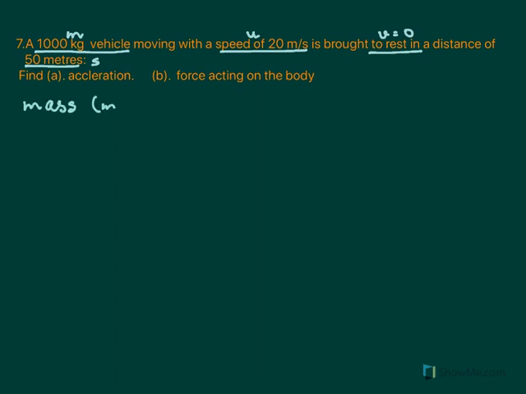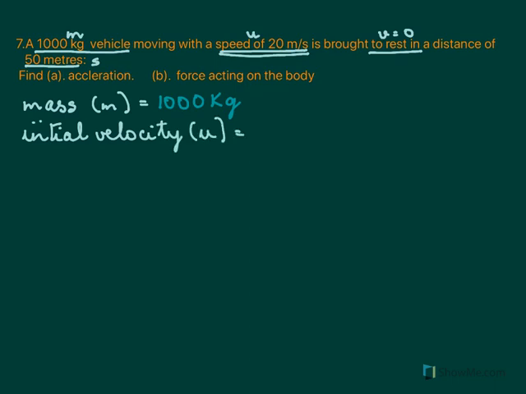So mass, which is M, equal to 1000 kg. Then we have initial velocity, moving with a velocity of 20 meter per second. So our initial velocity, which we denote as U, is 20 meter per second, is brought to rest.